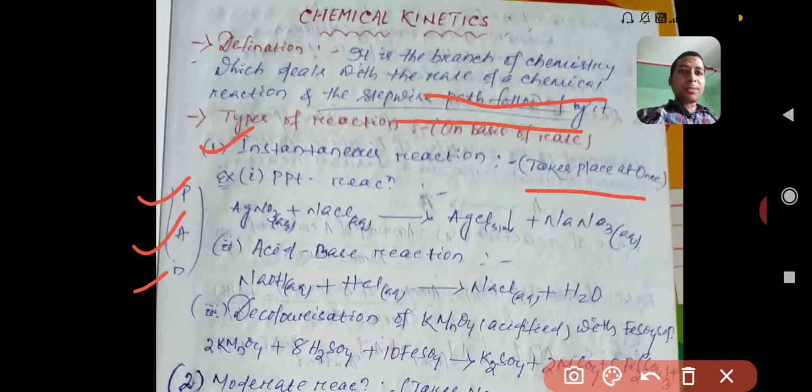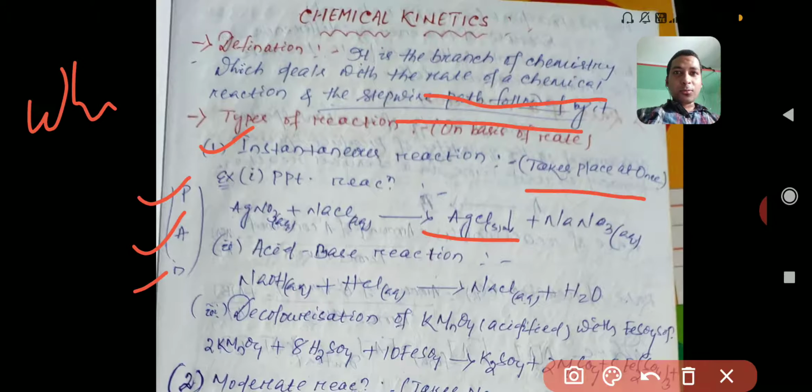An example of a precipitation reaction is when silver nitrate reacts with sodium chloride in aqueous medium, it forms silver chloride as a precipitate. The precipitate is shown by a downward pointing arrow, and it is a white color precipitate, along with sodium nitrate.